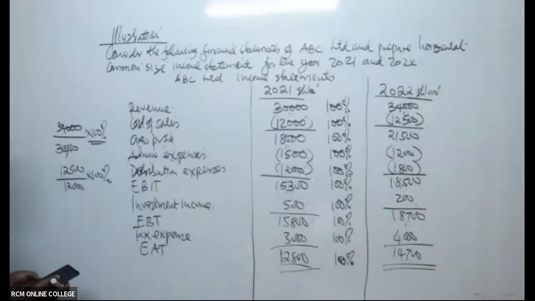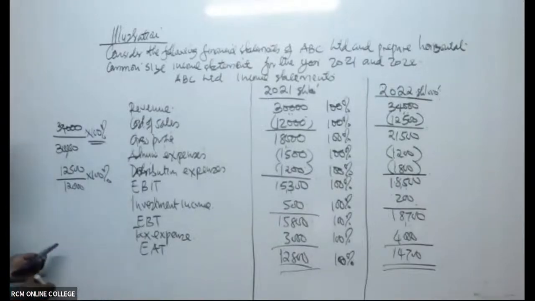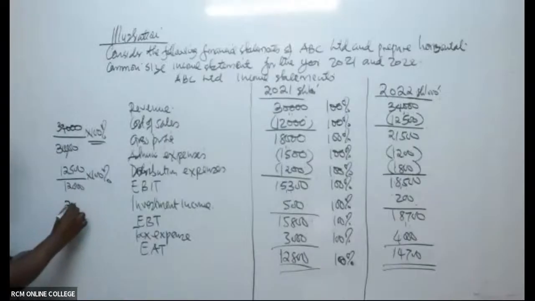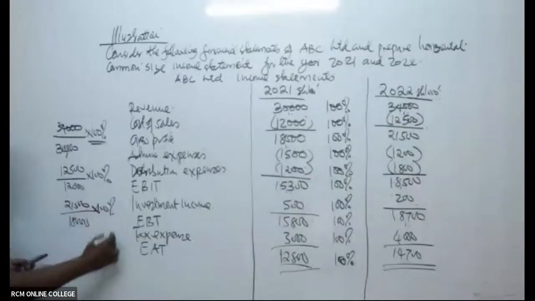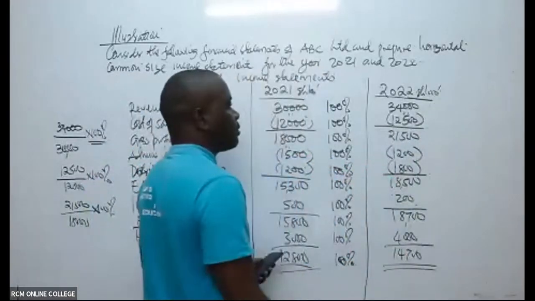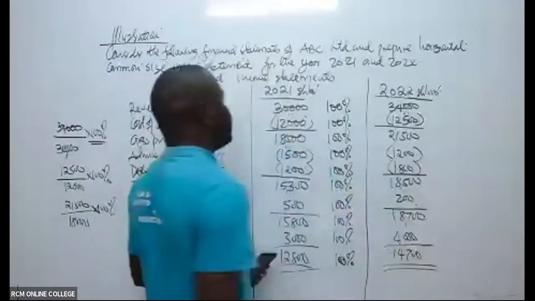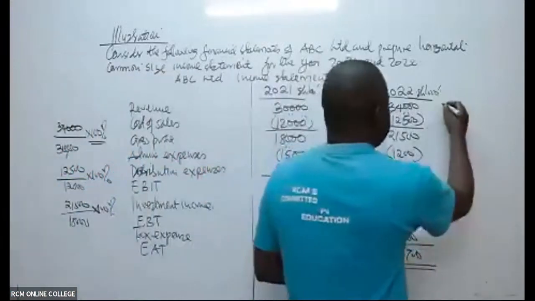The same case with gross profit. You take 21,500 over 18,000 and multiply by 100%. What are you getting as the percentage here for the first item? 113%.